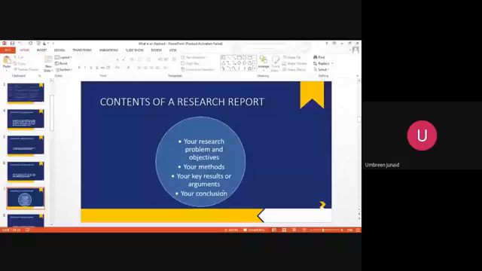And finally, your conclusion. When you conduct research, after giving your findings, you always give a concluding statement: that this is the research that was done in this area, in this domain, and this has been explored by this method.